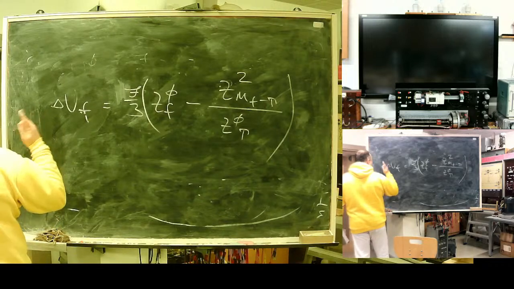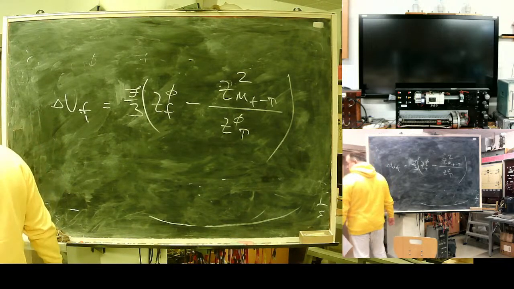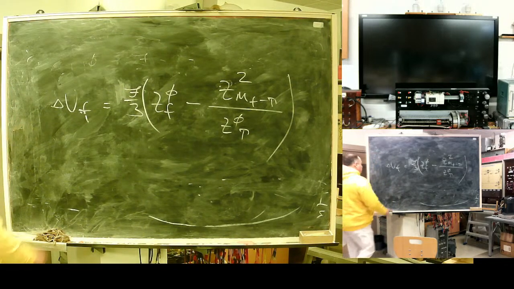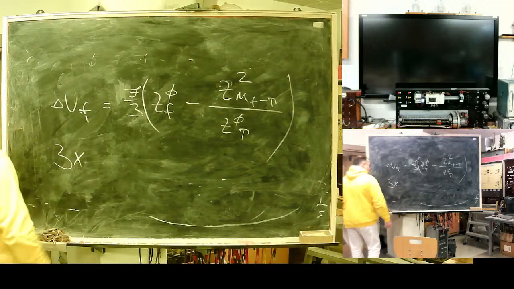It's for one transposition, one length of transposition between two bars. Common one will be triple.